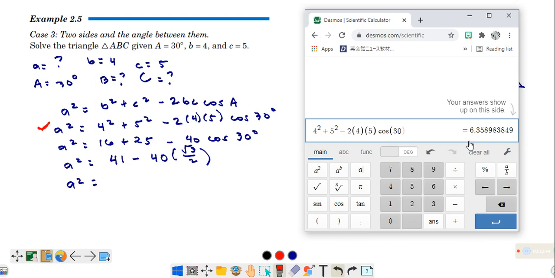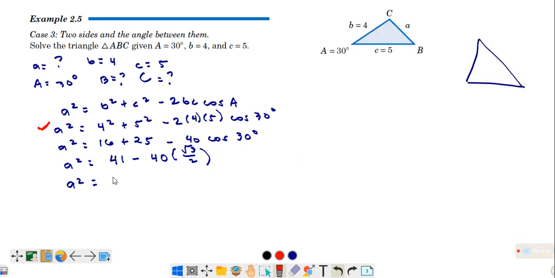So, ito be equal to 6.3589 or 6.3590. So, lagay natin dito, a squared is approximately equal to 6.3590. Approximated value lang kasi hindi pa siya exact value.